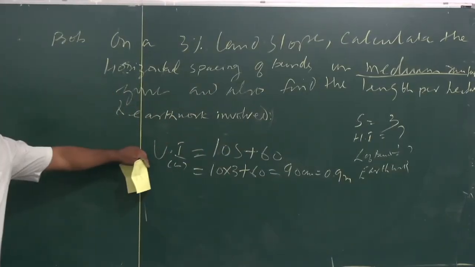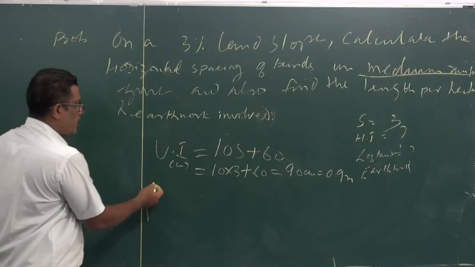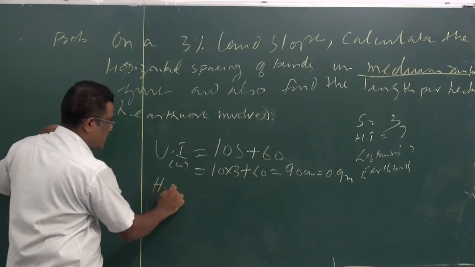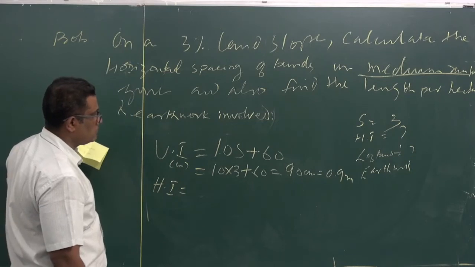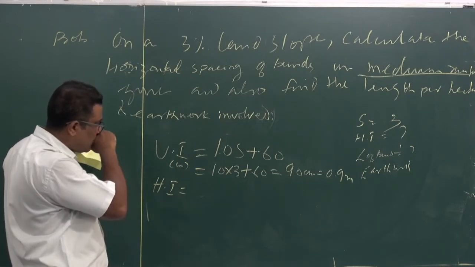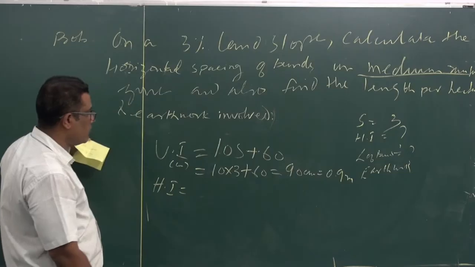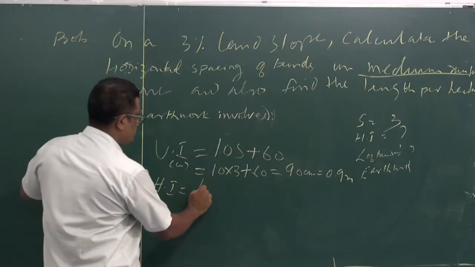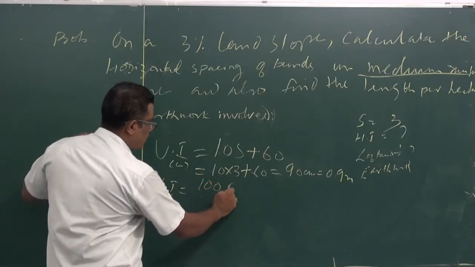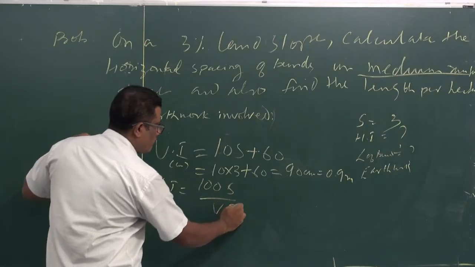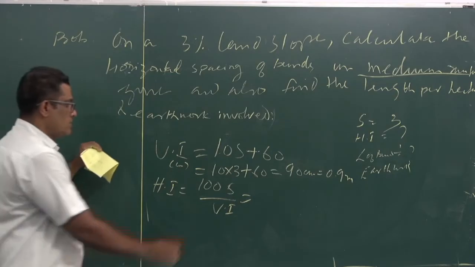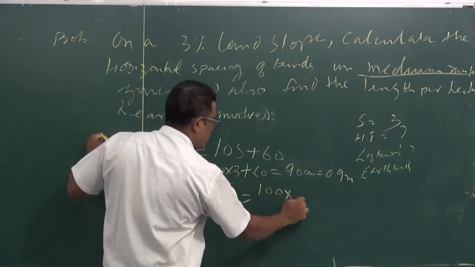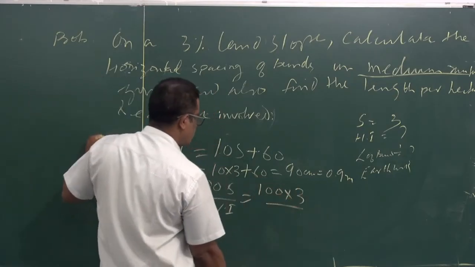Once Vi is derived, then we can find the horizontal spacing Hi. Hi will be 100 Vi by S. We have already derived this. So 100 into Vi, which is 0.9, divided by S, which is 3.